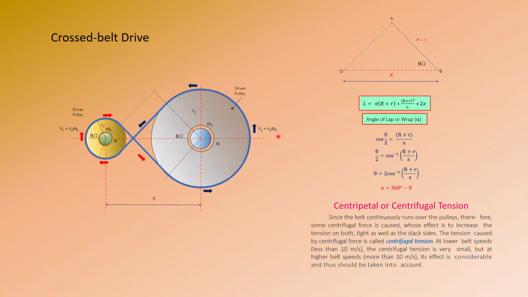If you don't consider the mass of the belt, you wouldn't consider the TC. And whenever the velocity of the belt is greater than 10 meters per second, you will have to consider TC. That is the centrifugal tension, or sometimes known as centripetal tension.